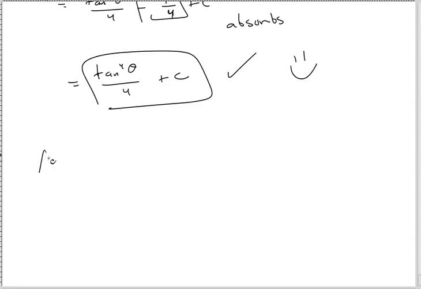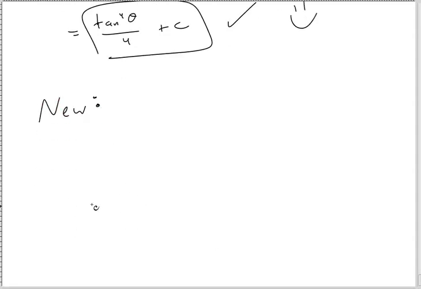Here's a new way. What if I had originally said, and let's start back over with my original integral. Oh, here we go. Secant squared theta, tangent cubed theta d theta.